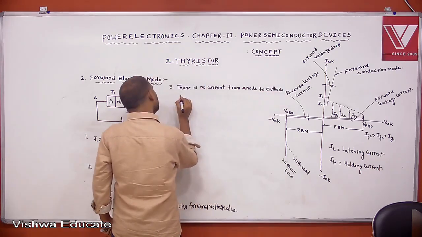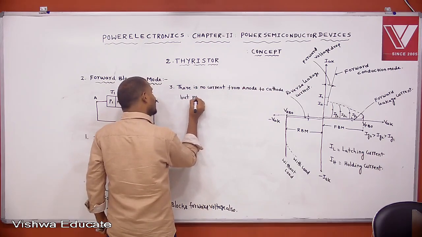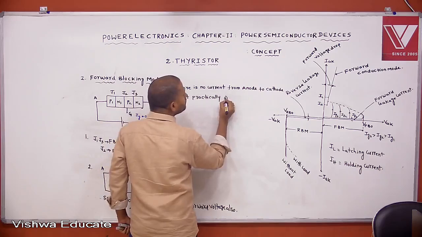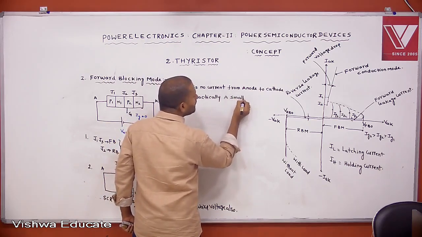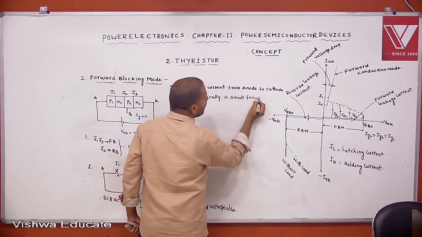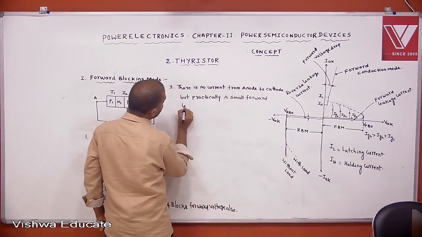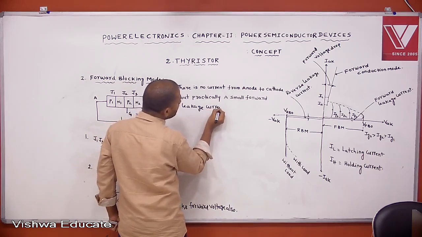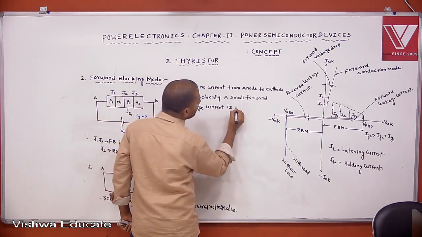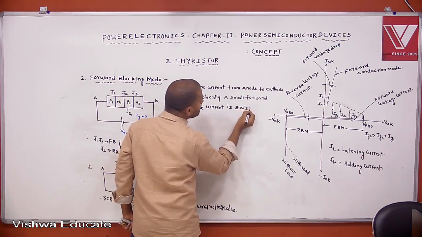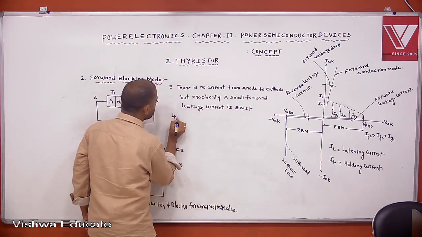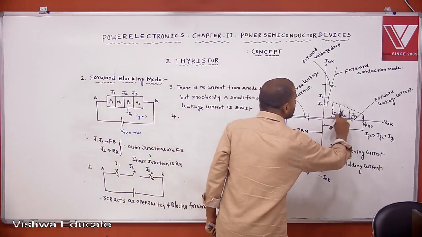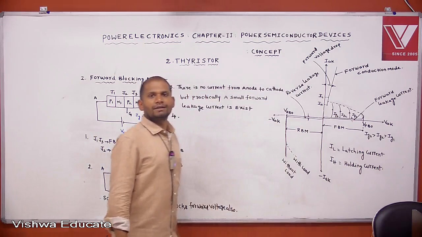But practically, a small forward leakage current exists. This small portion shown in the characteristics is nothing but the forward leakage current.